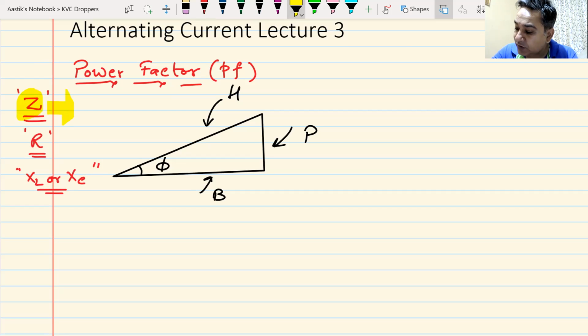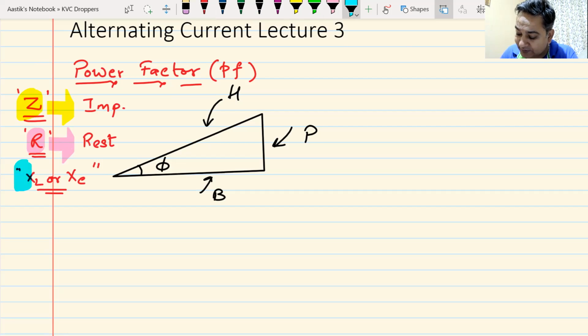This is your impedance. And remember, all these terms refer to the same thing. They are trying to make us understand the same thing in different ways. This R stands for resistance. I hope everyone is paying attention. This R stands for resistance.